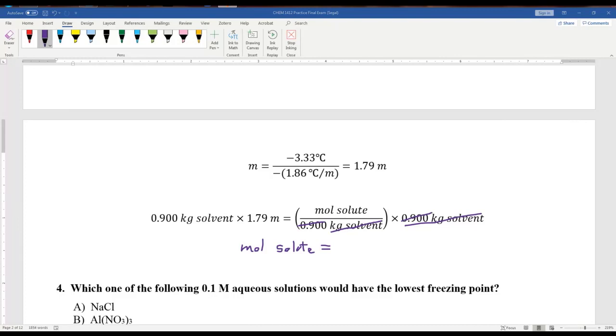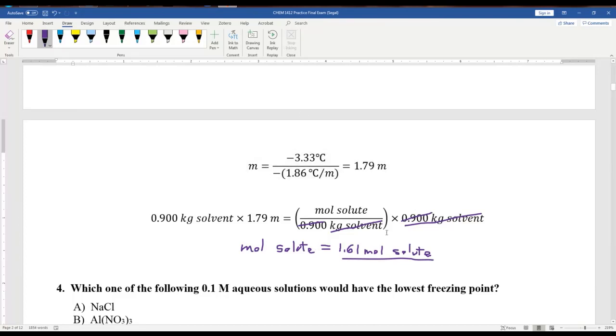And I think somebody answered my question for me. Yeah, 1.611. So 1.611, and it's really only going to be 3 sig figs, so 1.61 moles of solute. So this is my moles of solute.